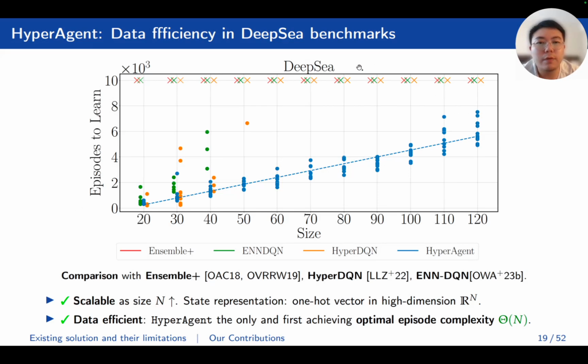Previous ensemble methods cannot achieve such linear scaling. Even with size 60, they are failing. All other methods are failing. Okay, all the methods fail.